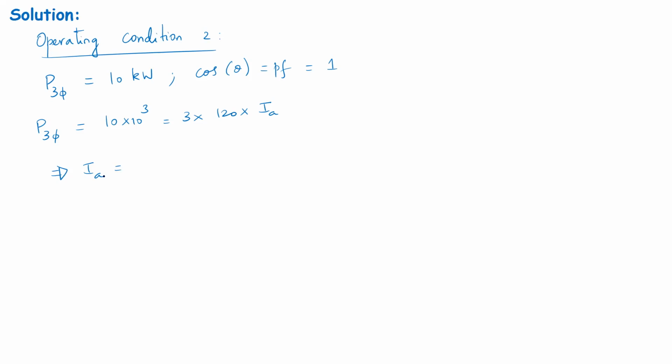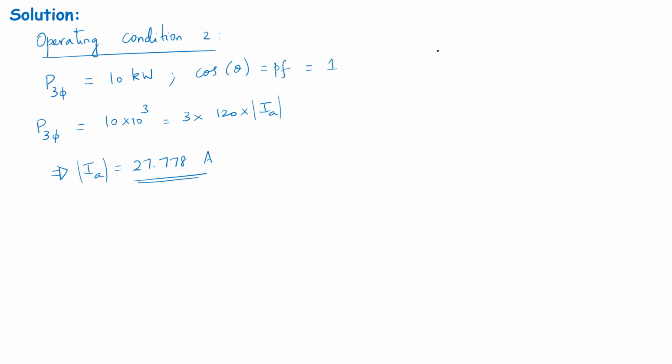I get the magnitude of current, so you should write this as the magnitude of current, 27.778 amperes. Again, at this step, I need to take a moment to see whether this answer makes sense.